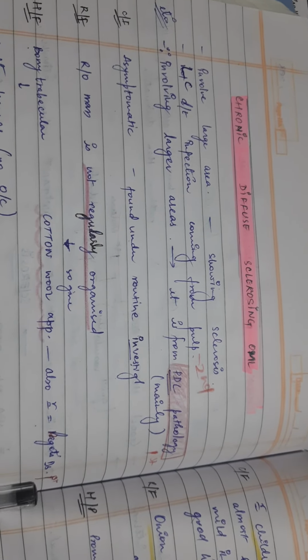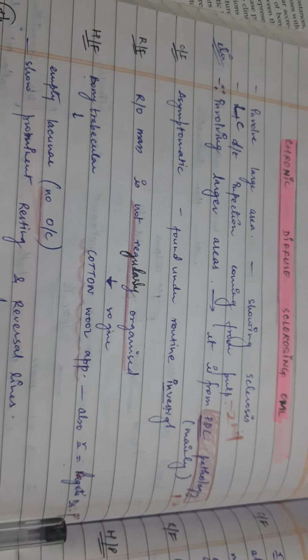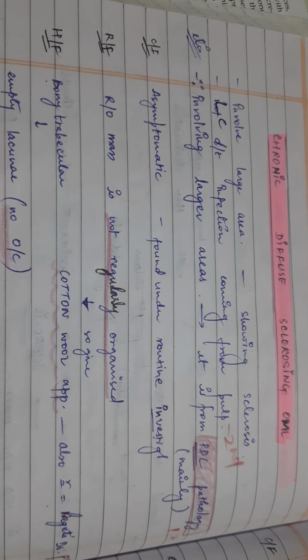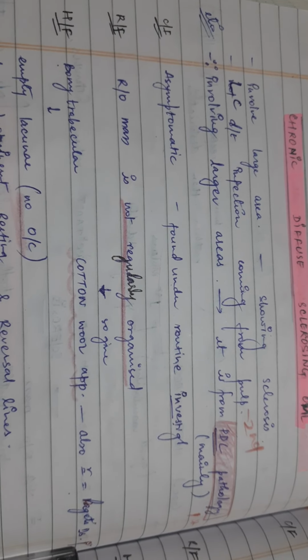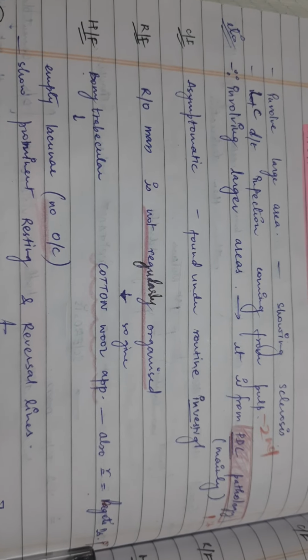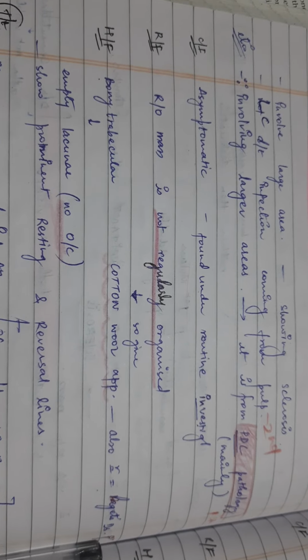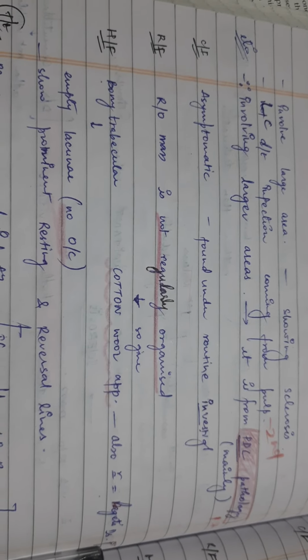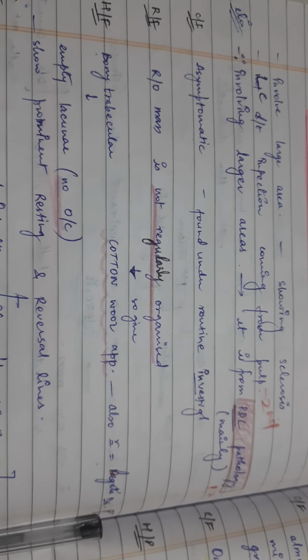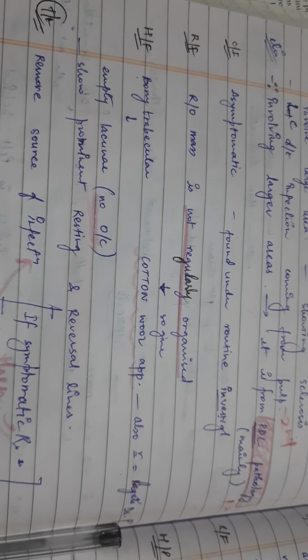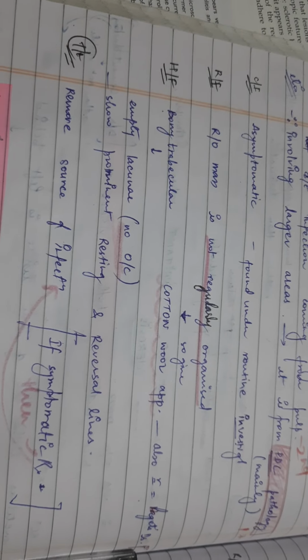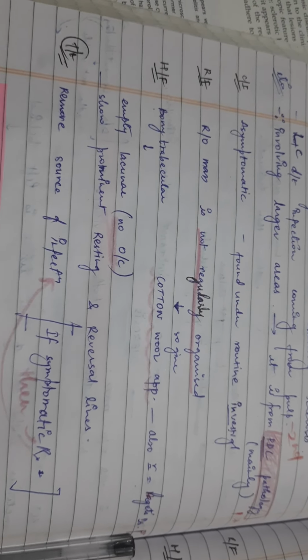In focal type, we choose pulp as the first cause. Clinically it is asymptomatic, found on routine investigation. Radiographically there is a radiopaque mass, not regularly organized, giving a cotton wool appearance. This is seen in chronic diffuse sclerosing osteomyelitis, Paget's disease, and sometimes fibrous dysplasia.